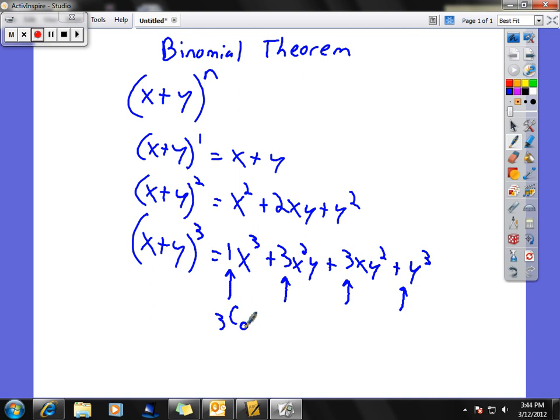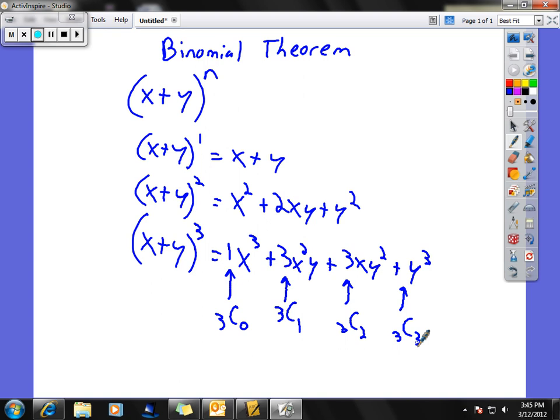Anything c0 is 1. Okay? This happens to be 3c1. This happens to be 3c2. This happens to be 3c3. Okay? So you can use combinations to get those coefficients without having to do all the multiplying and distributing.